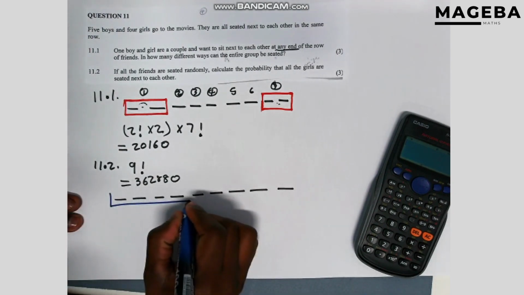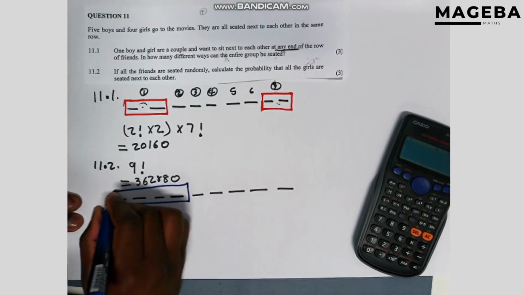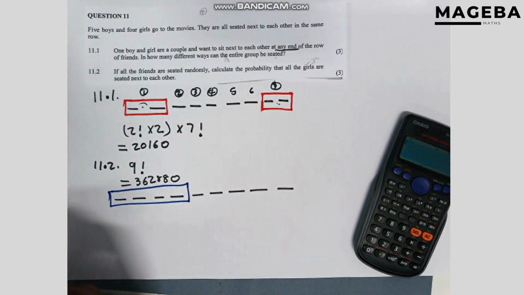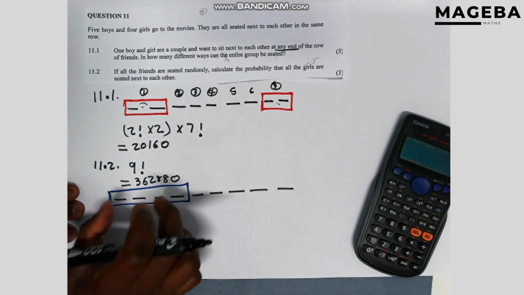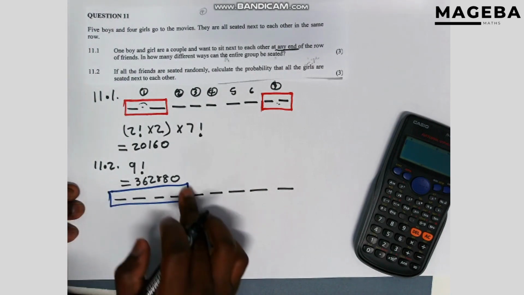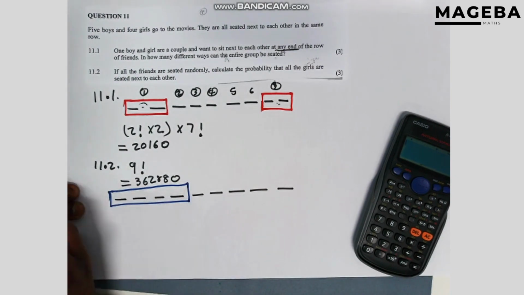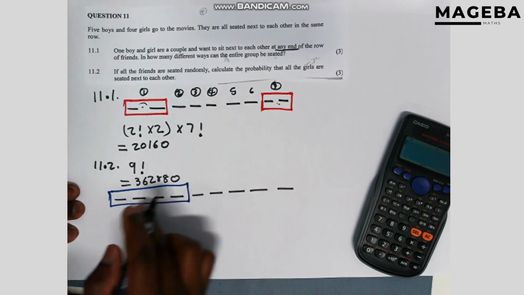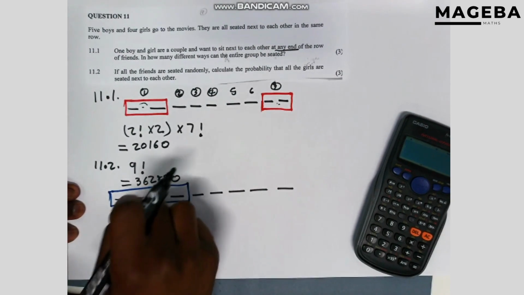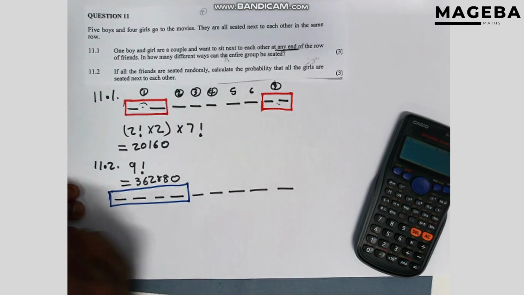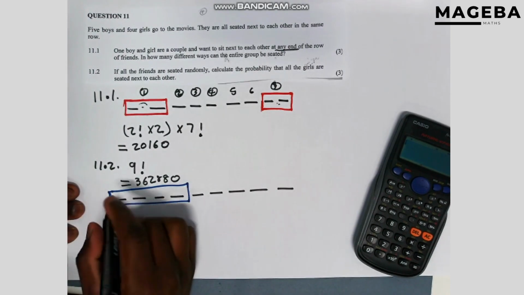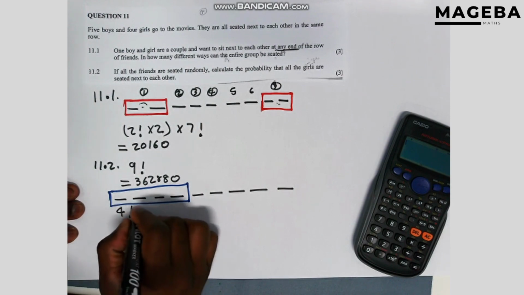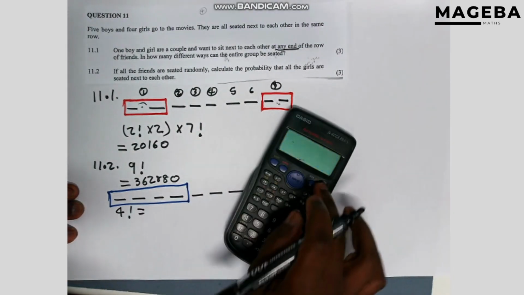They're saying all the girls, so there are 4 of them, and they all want to sit next to each other. So we're going to put them in this box. The girls inside this box are going to arrange themselves. How many of them? There are 4 of them, so 4 factorial inside this box.